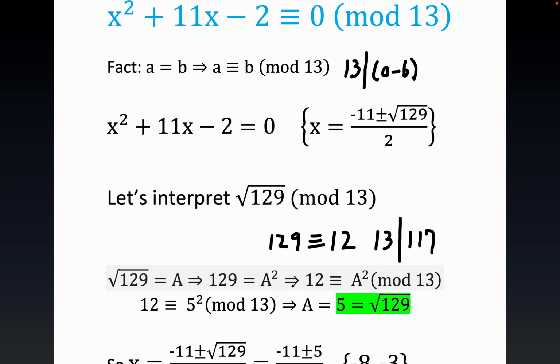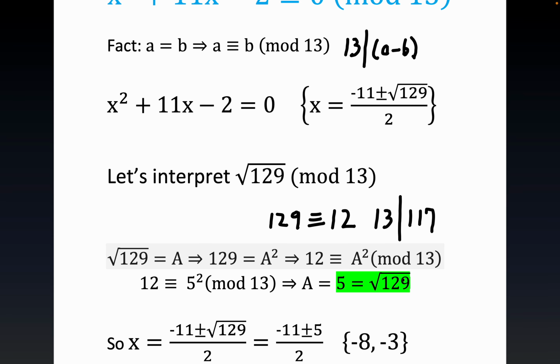And so we got this going on. We got 12 is congruent to a squared mod 13. Now notice here that I quickly found the 5. What you really need to be doing right here, folks, is you can just check all the members of a complete residue class: 0, 1, 2, dot dot dot, all the way to 12.